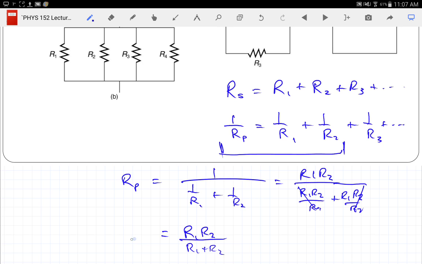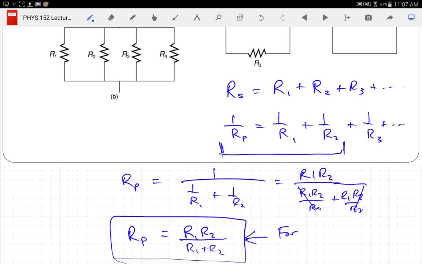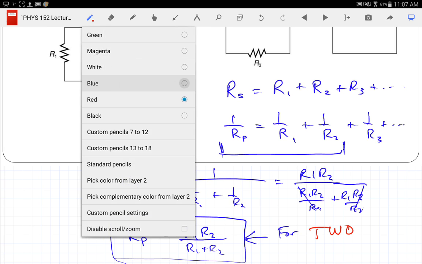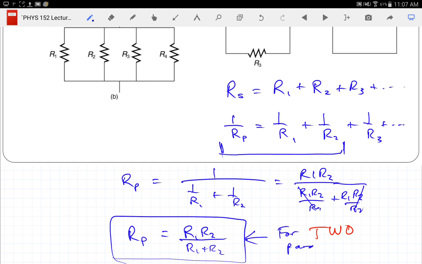And a lot of times people learn this equation and think that that's a universal equation, but it's not. What condition has to be true for this to be correct? For 2 parallel resistors.